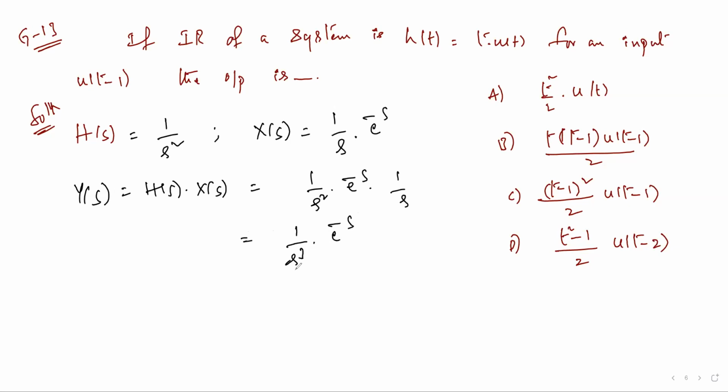Just now we have done 1 by s cube, inverse Laplace transform is t square u of t by 2. Here one side multiplication of the exponential e to the power of minus s, obviously other side same shifting.